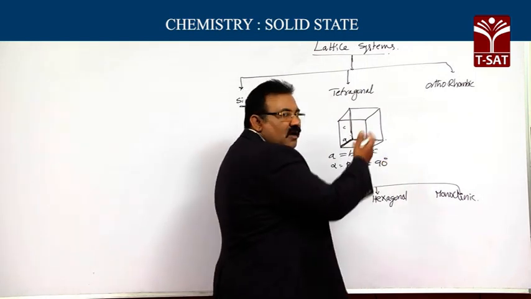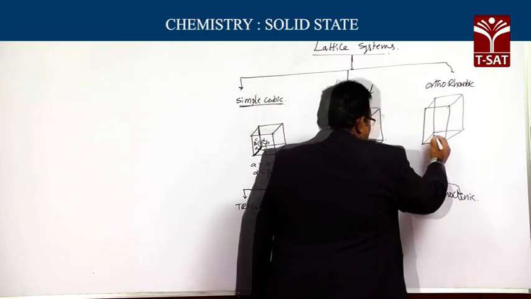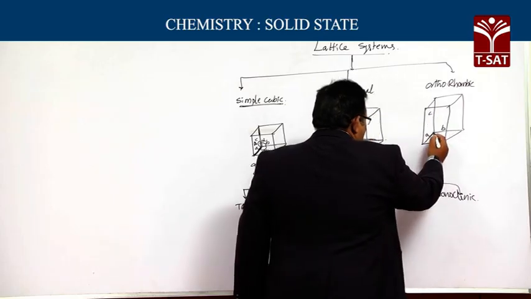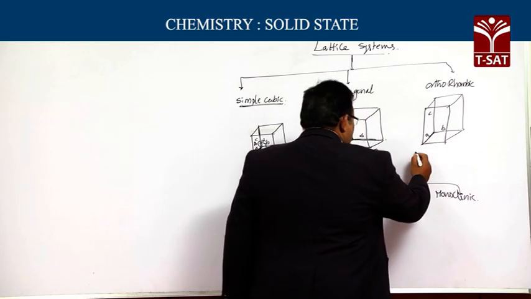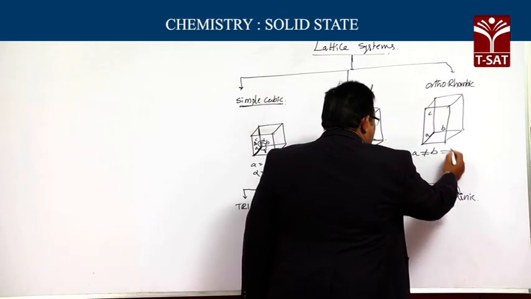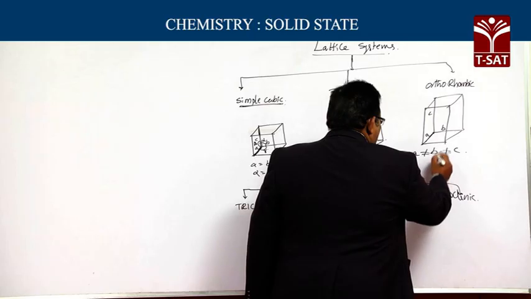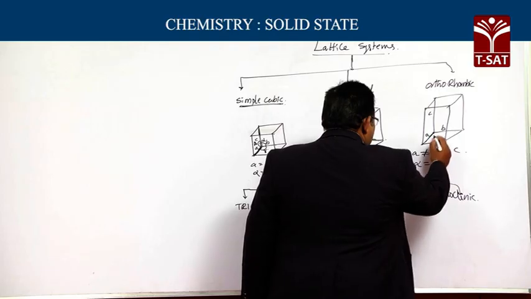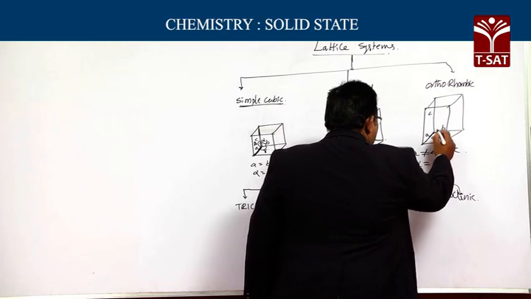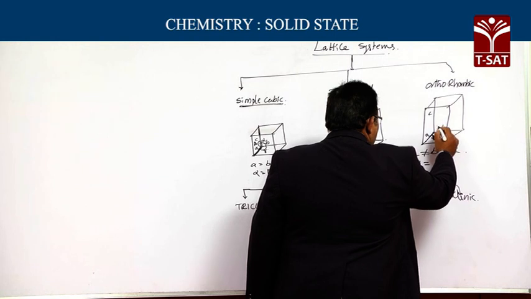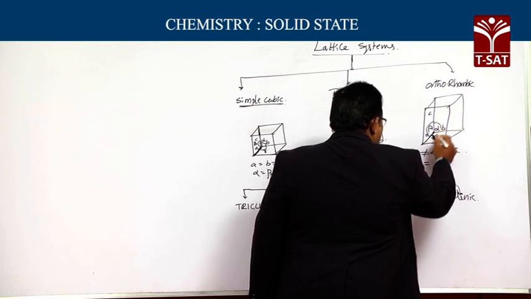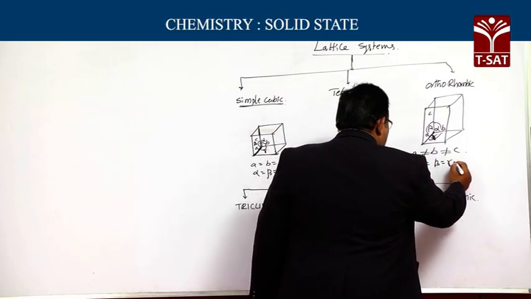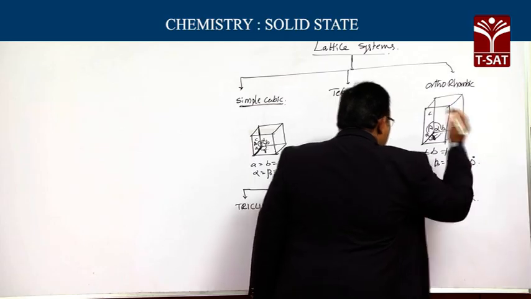When we talk about orthorhombic, this length a, this length b, this length c. See how they are? They are different. a is not equal to b, b is not equal to c in this case. But alpha, beta, gamma, these interplanar angles, are also equal to 90 degrees.